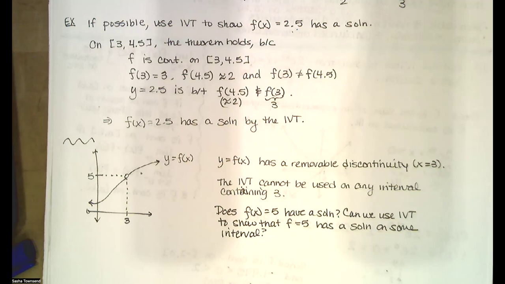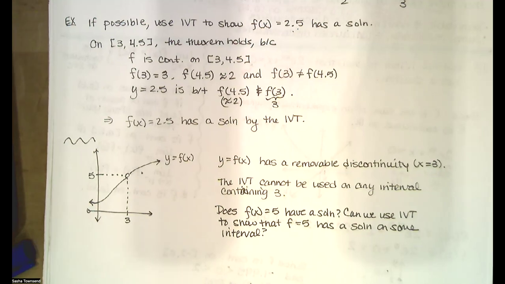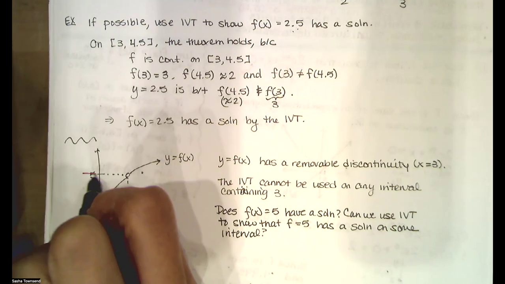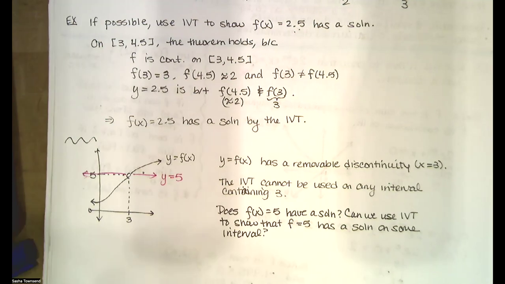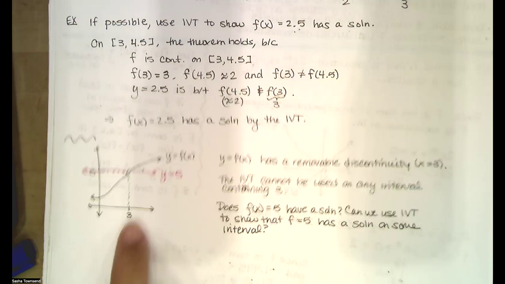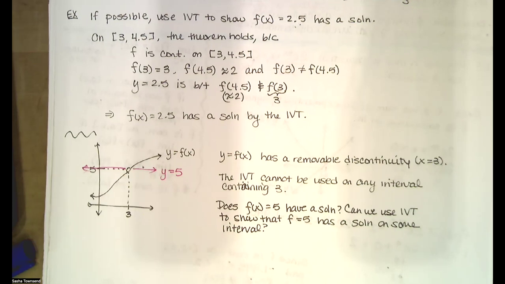I'm gonna say no. That function is never equal to 5. It gets very, very close to 5, but it's never equal to 5. So no, we can't use the intermediate value theorem to show that that equation has a solution, because first of all, it doesn't have a solution, and second of all, the theorem doesn't hold because the function's not continuous at 3, which would have mapped to 5 if there wasn't a removable discontinuity there.